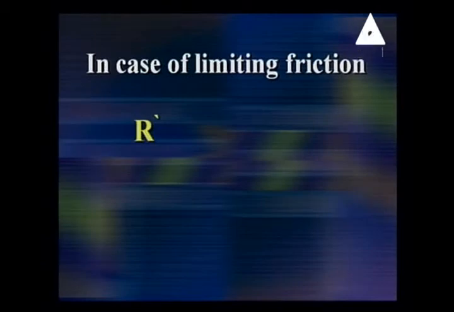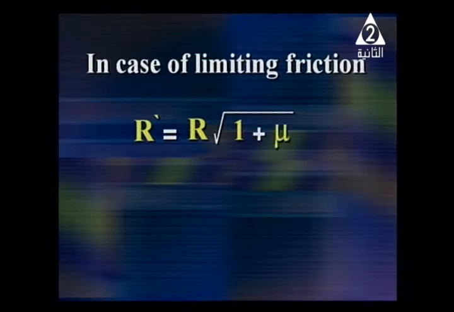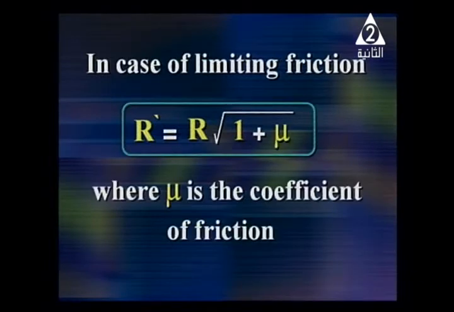In case of limiting friction, we substitute F equals mu R. In this case, R resultant, or R dash, equals R times the square root of 1 plus mu squared. Mu is called the coefficient of friction.